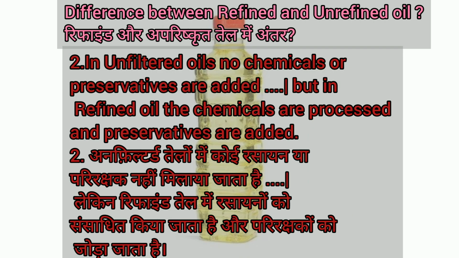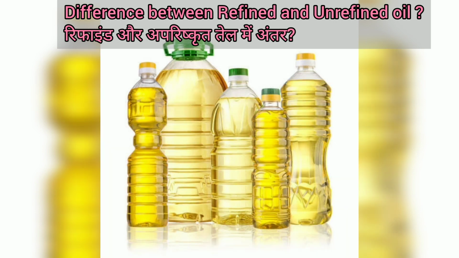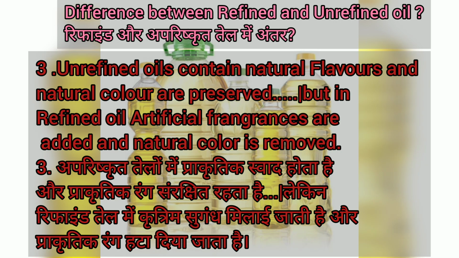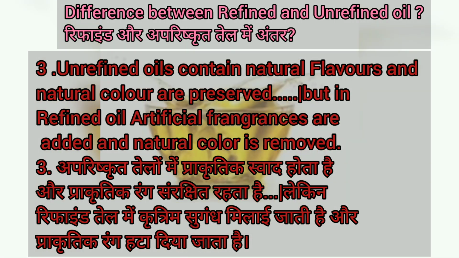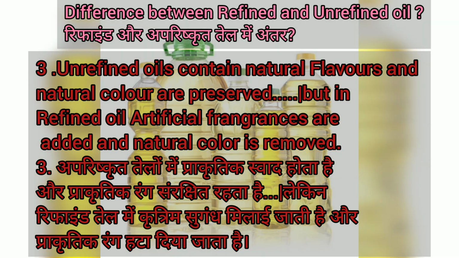The next difference is that in unrefined oil no chemicals or preservatives are added, but in refined oil chemicals are processed and preservatives are added. And the next difference is that unrefined oil retains natural flavor and natural color. On the other hand, in refined oil, artificial fragrances are added and natural color is removed.